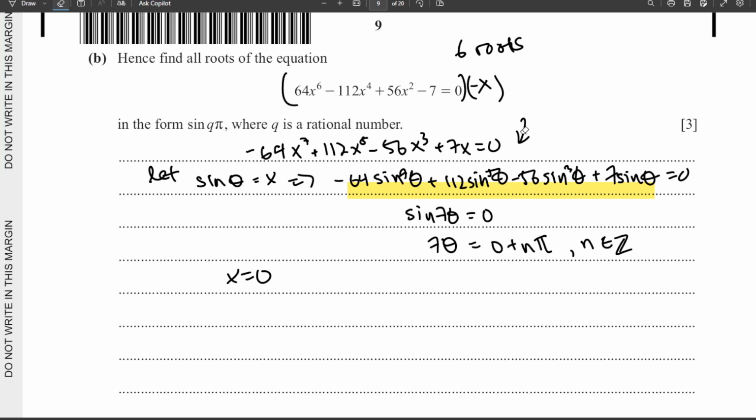But we need to always come back to our original equation, which is in x power 6, and you can see that there is a constant term here, which indicates that when x equals 0, there is a value of y. So when x equals 0, there is not a root. Okay, the intercept when x equals 0 is -7. So again, I stress this, x equals 0 cannot be a root.